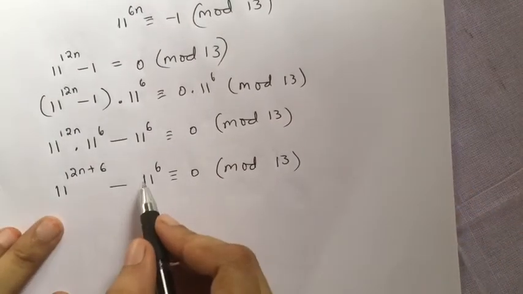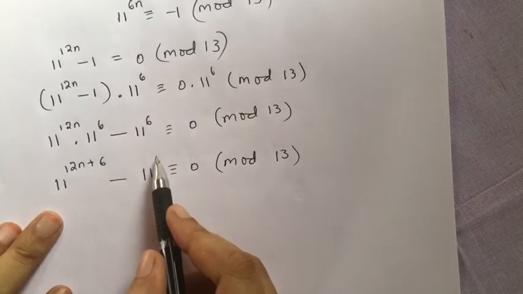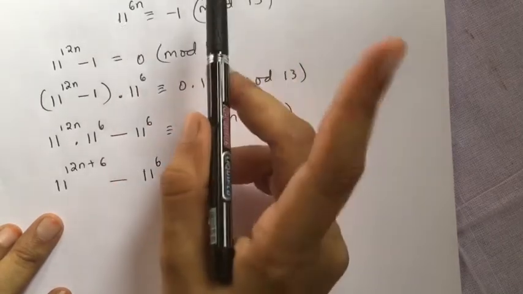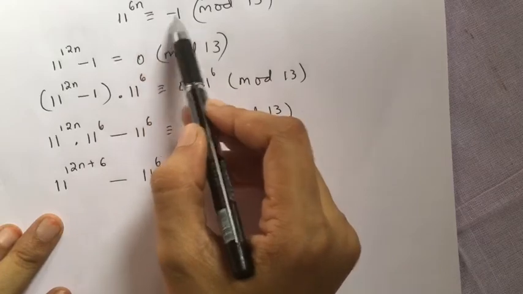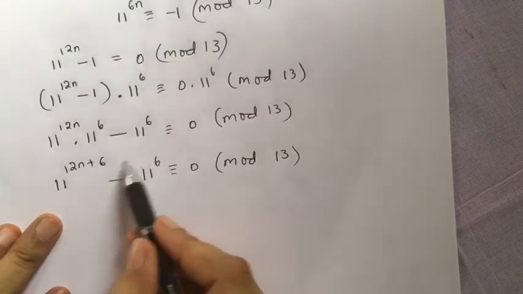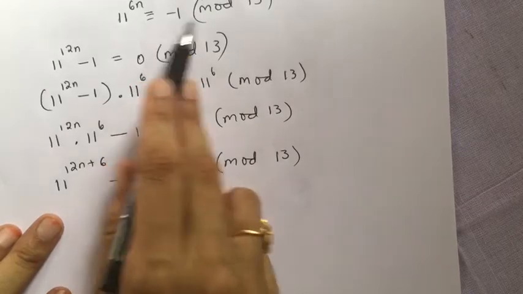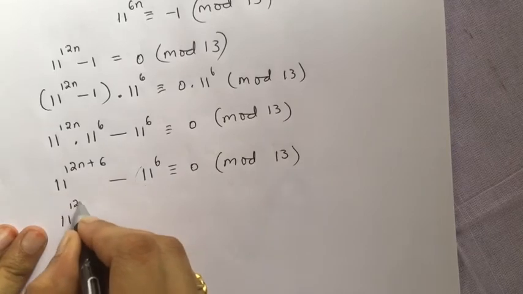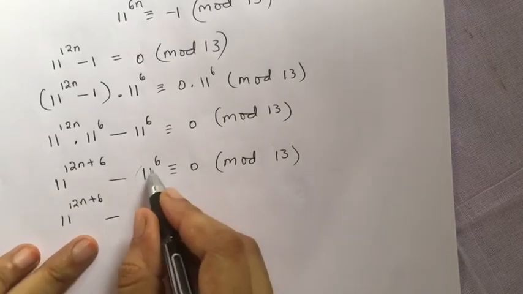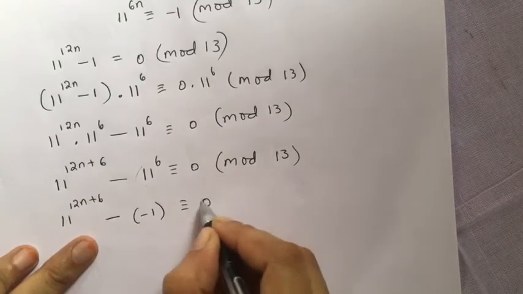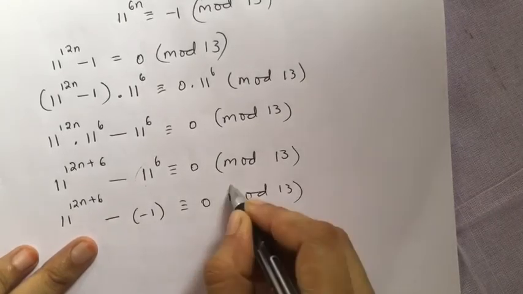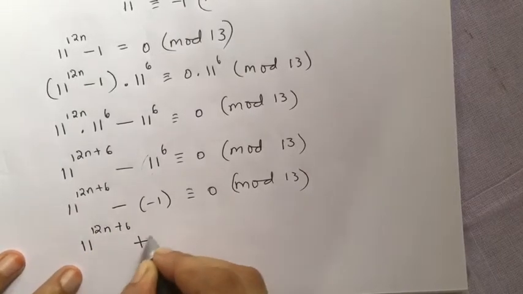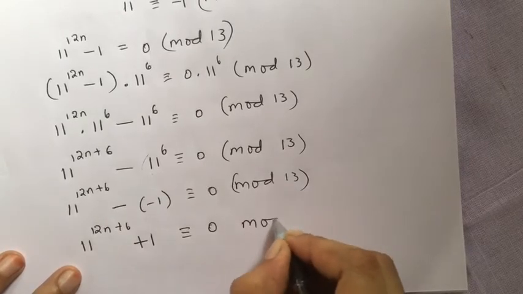which will be, say, 11 power 6n is congruent to minus 1 mod 13. So when I take n equal to 1, then 11 power 6 is congruent to minus 1 mod 13. So this 11 power 6 is nothing but minus 1 mod 13. So I can write 11 power 12n plus 6 minus, this is minus 1, mod 13, 0 mod 13, so that 11 power 12n plus 6 plus 1 is congruent to 0 mod 13.